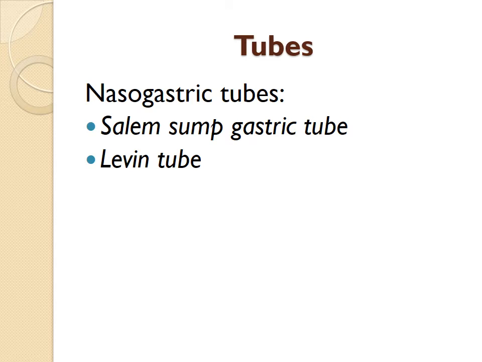The other option, and also if you suspect that the paper on the anti-reflux valve, that cap, has become damaged, is to take it out and replace it with a new one. If nothing works, then usually the best option is going to be to remove the NG tube and to replace it with a new one. And being as this can be extremely disconcerting for the patient, we try our best to make sure that that blue port does stay above the chest area.